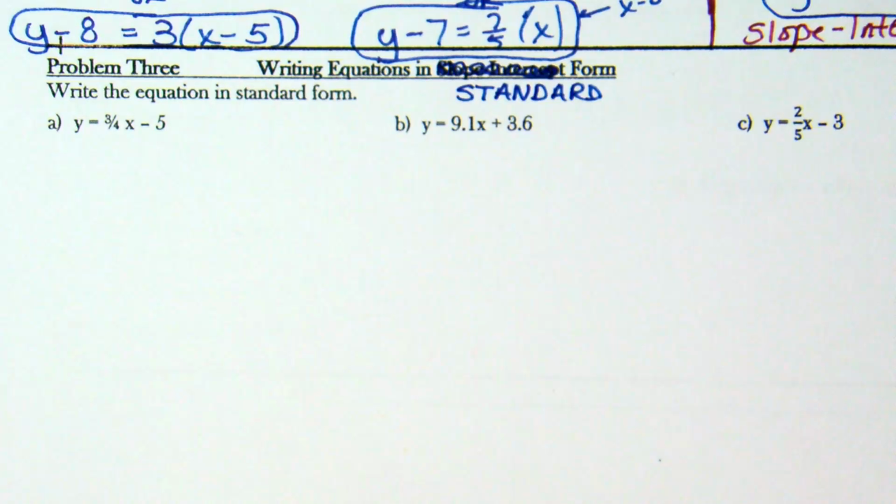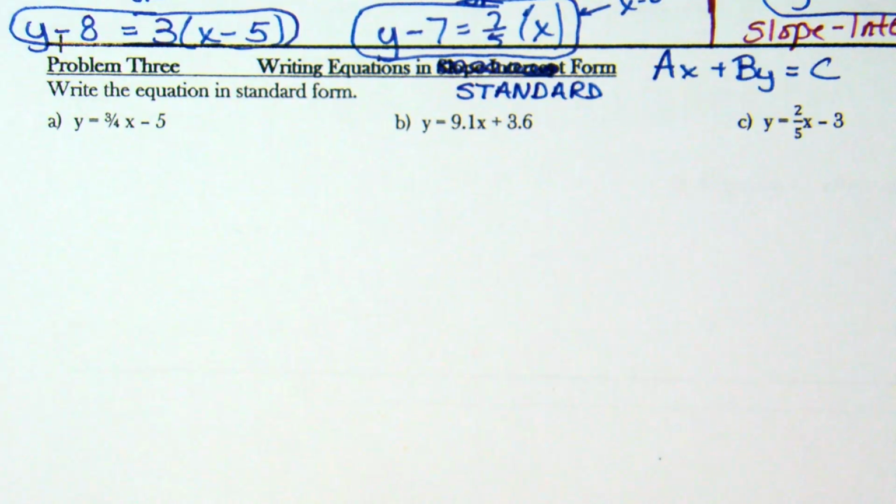Now, as I look at example A, I see two things wrong with this problem. Can you identify either of those two things that are wrong, like why this isn't in standard form right now? Other than it's not, but what are two things we're going to have to, quote, fix?